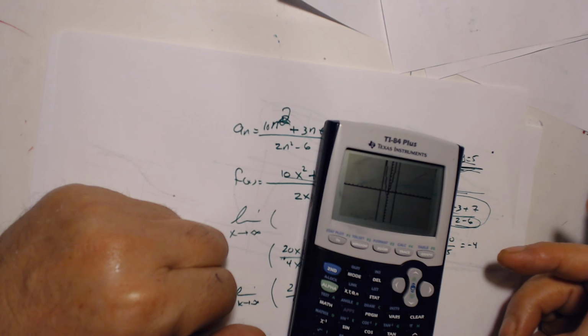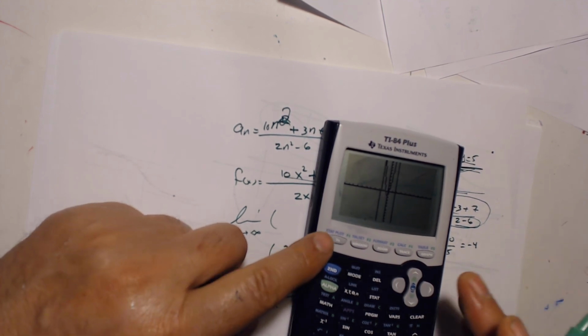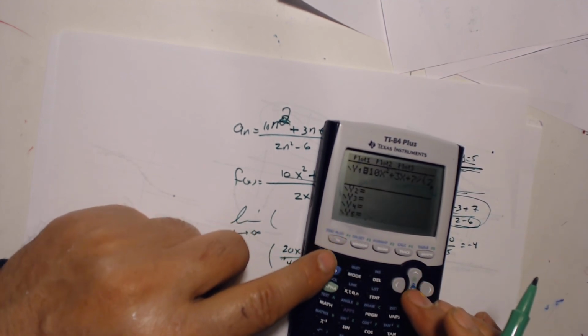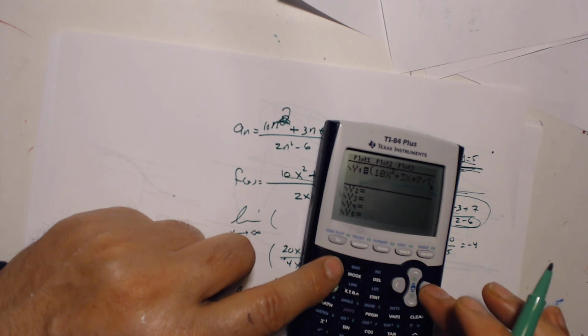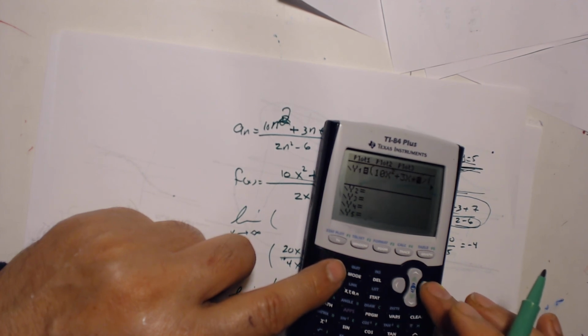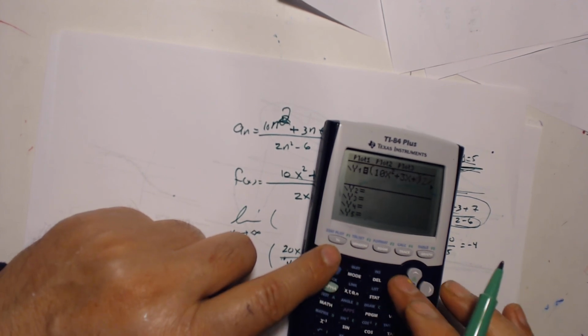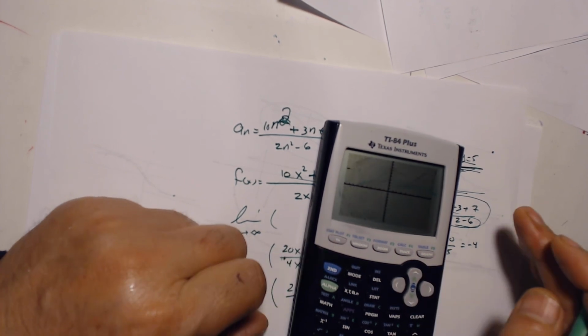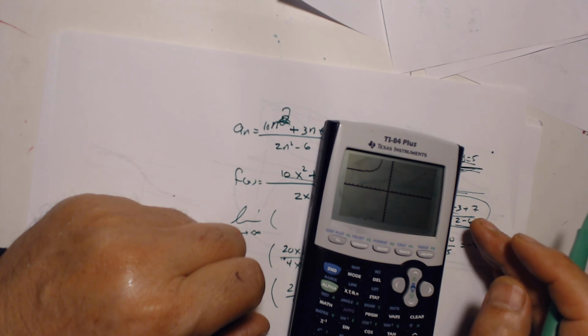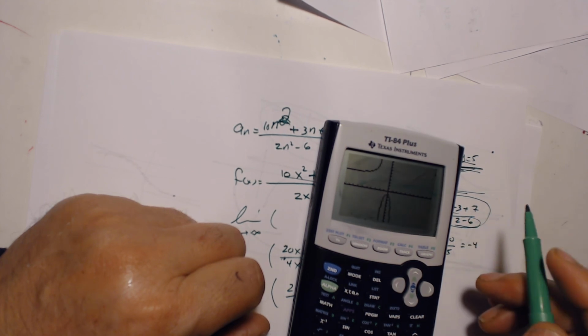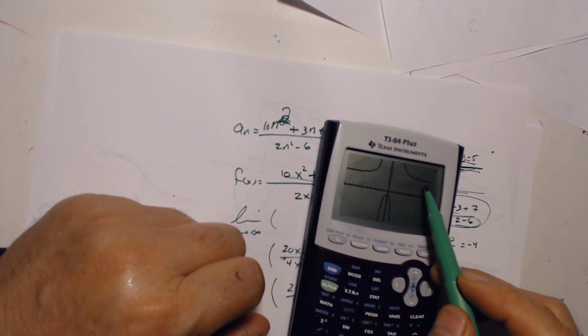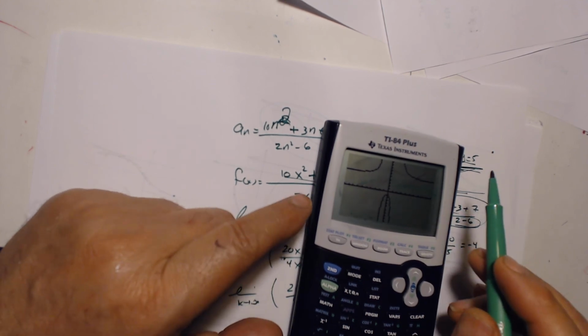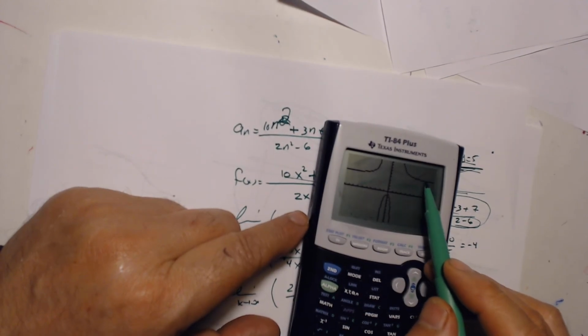Oh, I did not put the numerator in the parentheses. I'm going to put 10x squared plus 3x plus 7, and that should be a parenthesis. And I'm going to graph. See, oh, then this is your upper bound.